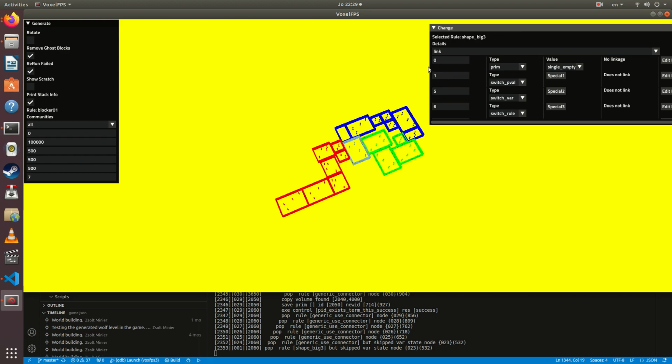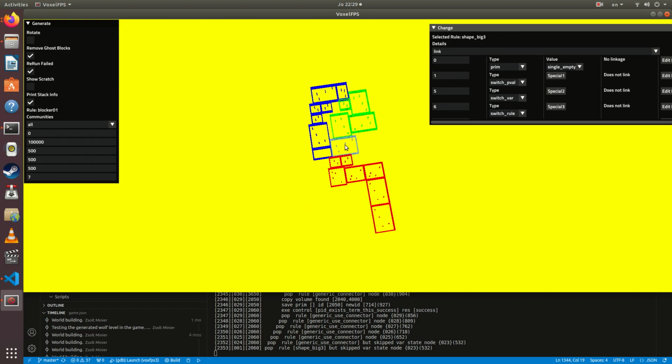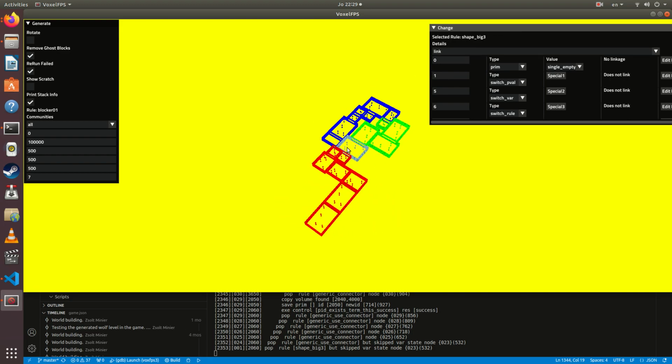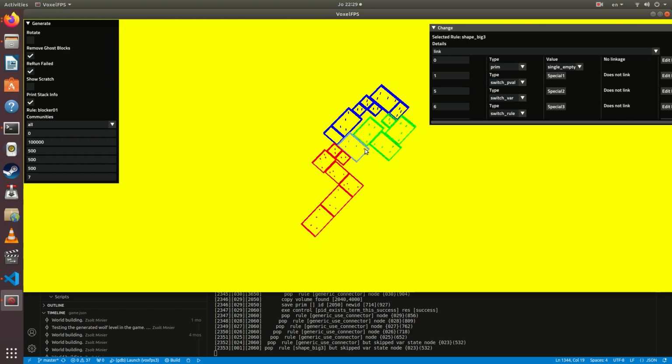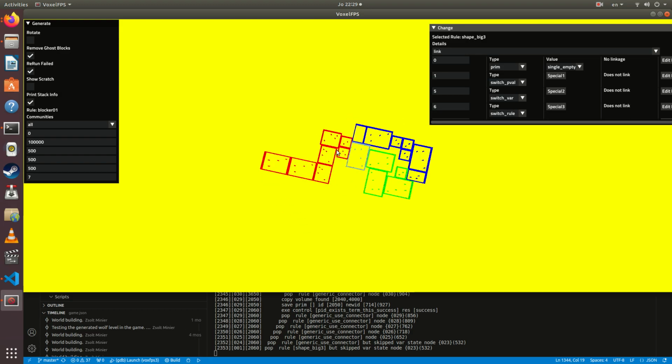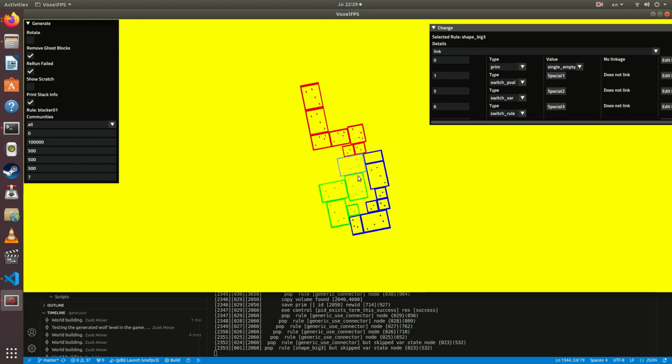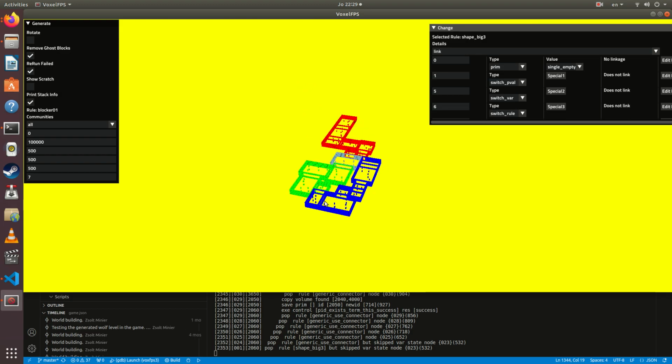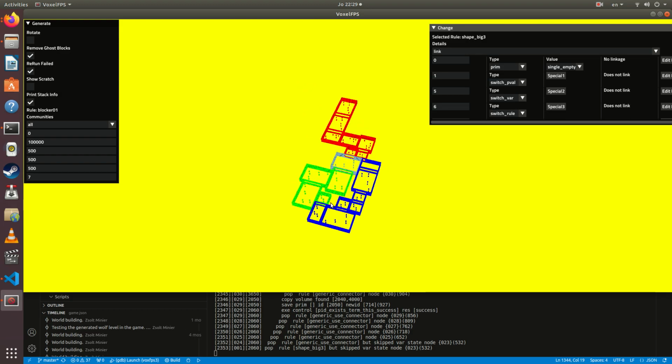There is this whitish middle room, the starting room, and it has two wings, the green and the red one, and there is a connection between the green and the red one with the blue, and this is harder.